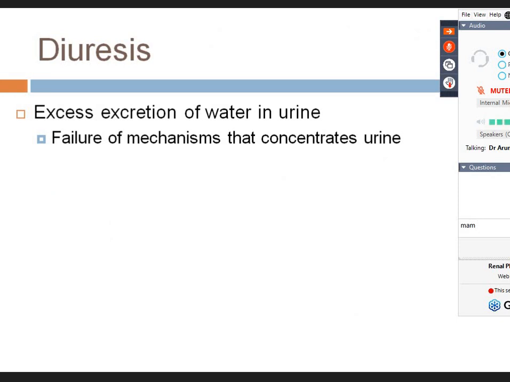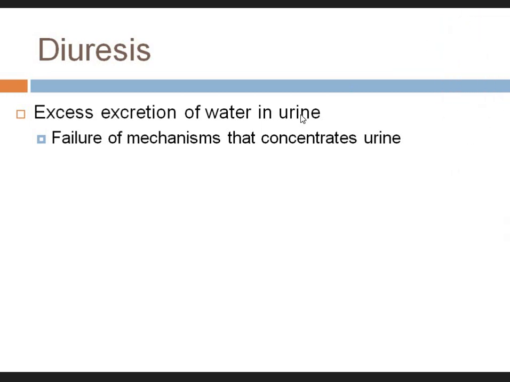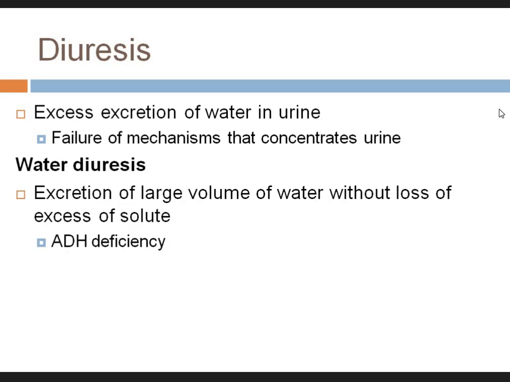Coming to the next very important aspect, and that is diuresis. By diuresis, we mean excess excretion of water in urine. And this happens when there is failure of mechanisms that concentrate urine. Okay, so there will be excess excretion of water in urine, and that is diuresis.